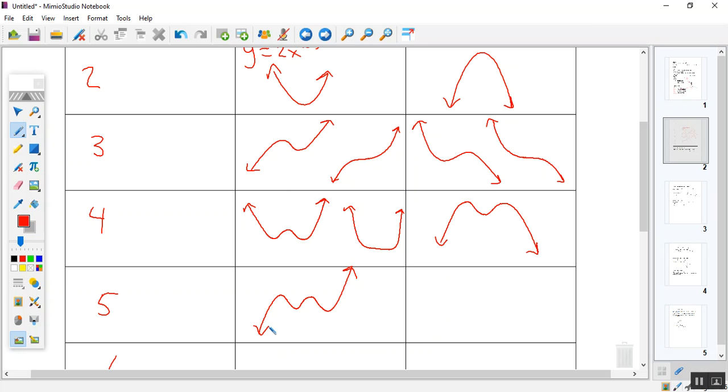Bam, bam. If the degree is even and the ends of the graph go like this, what's my leading coefficient? Positive or negative? Positive. If I'm dealing with an even degree and my ends go like this, what's my leading coefficient? If I have odds where the ends go like this, what's the coefficient?